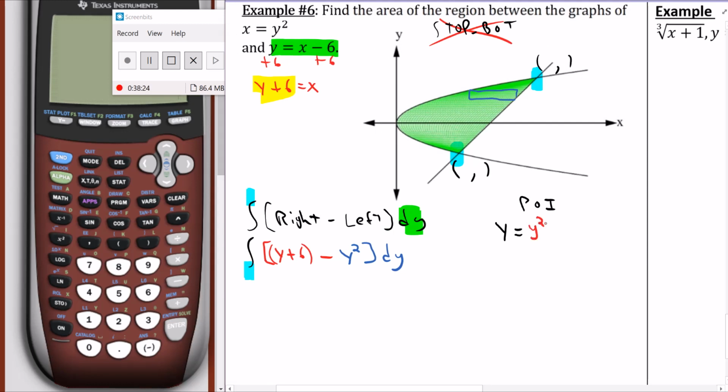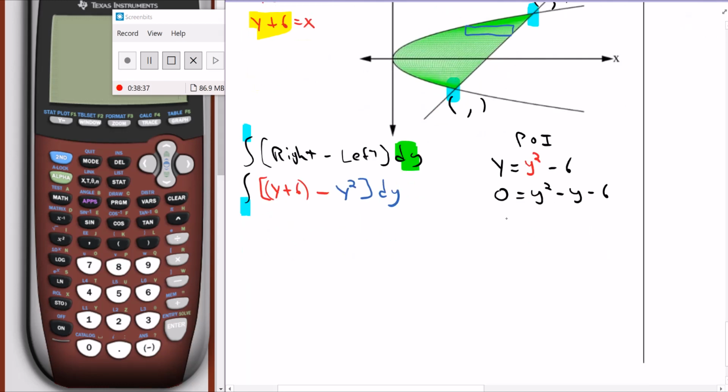I'm replacing the x with the thing that x is equal to. We're going to set it equal to 0, so subtract y on both sides. We're going to get y squared minus y minus 6. Factor. It's going to be y minus 3 times y plus 2. So the two answers here are when y equals 3 and when y equals negative 2.